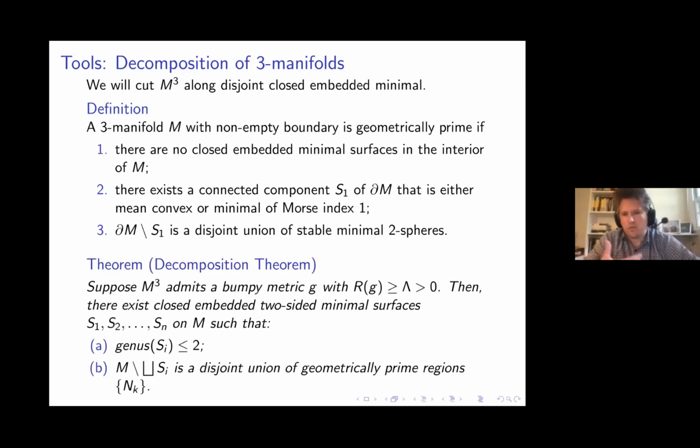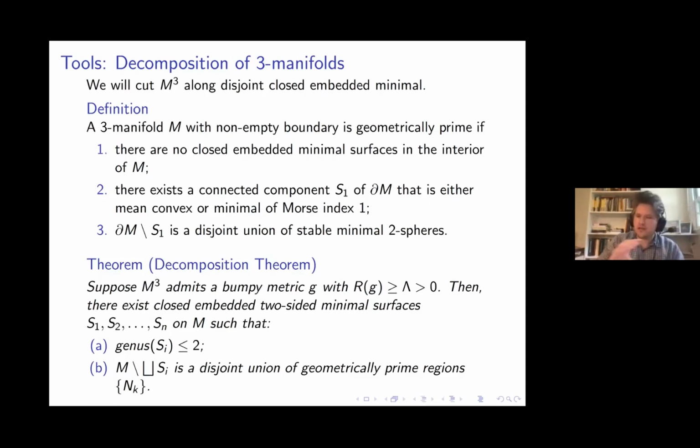And so we prove this result that if I have a manifold with positive scalar curvature with a bumpy metric. What does it mean, a bumpy metric? Basically, our result about geometric smallness is stable under perturbation. So in other words, if I perturb the metric a little bit, the result is still true, right? So I make the metric bumpy, it's a technical term.